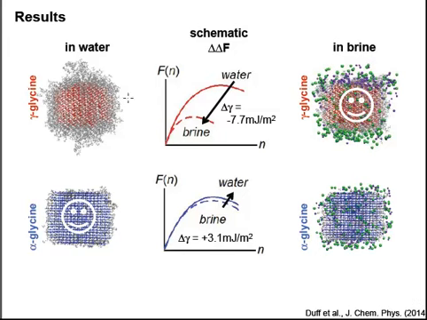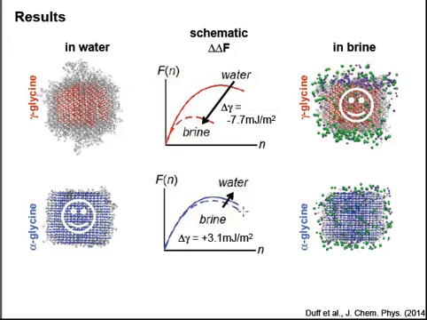The results of this calculation are that when you start in water and you add brine, the interfacial free energy drops by 7.7 millijoules per meter squared. That's a pretty sizable drop, and I should note that that drop is averaged over all phases of this nucleus, not just the charged phases. When you do the same calculation and you add 80 milligrams per liter of salt to a solution around an alpha glycine crystallite, the interfacial free energy of the alpha glycine increases by 3.1 millijoules per meter squared.